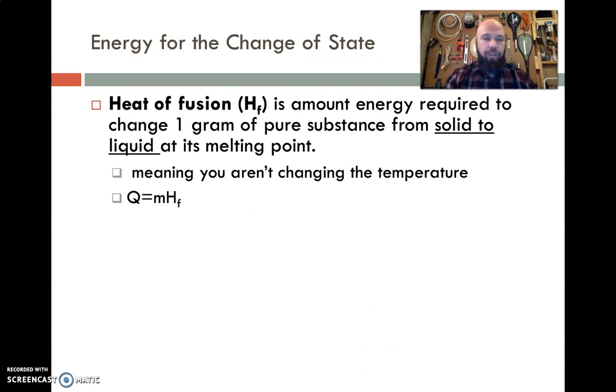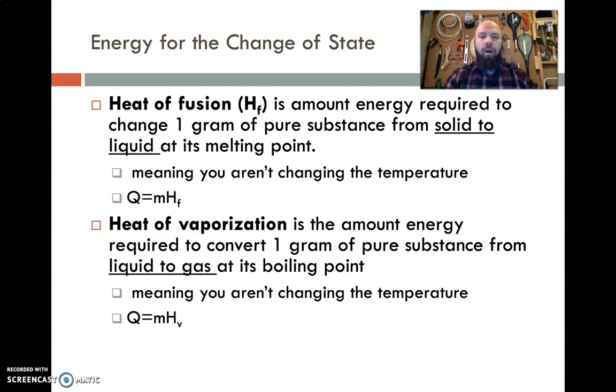The heat of fusion and the heat of vaporization are when you're changing state, but no temperature change has occurred. So you can see that these two equations are very similar to our last one, Q equals mc delta T, but here there is no delta T, there's no change in temperature. The heat of fusion and heat of vaporization are both constants depending on the substance that you have.